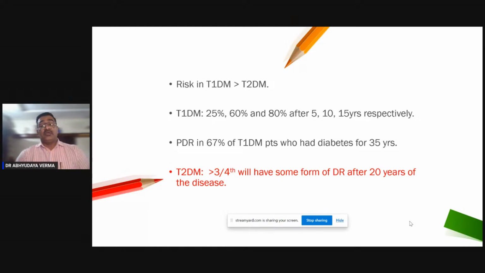And in type 2 diabetes mellitus, almost three-fourths of the diabetic patients have some mild or maybe severe form of diabetic retinopathy after 20 years of duration.